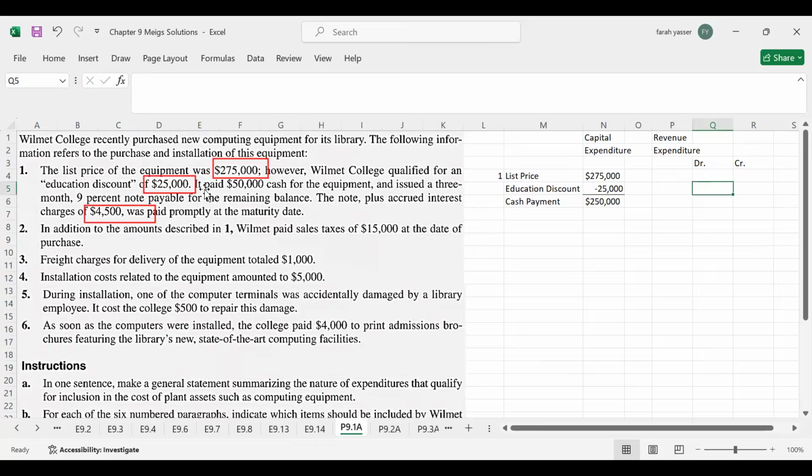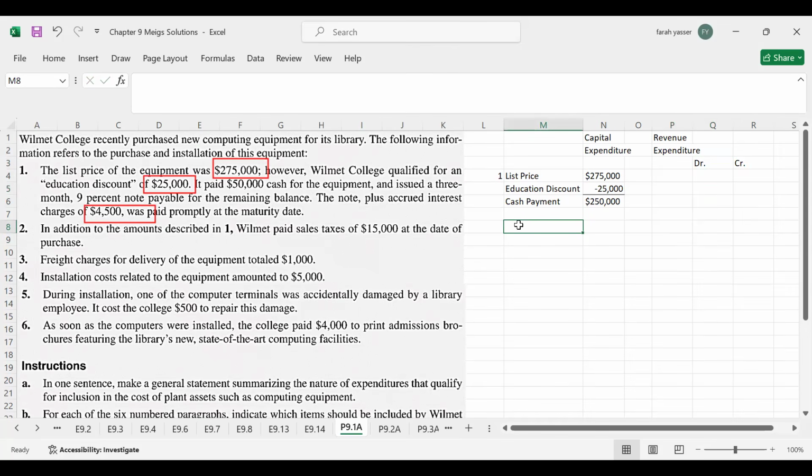So it paid 50,000 cash, means this is the payment of the purchase of equipment. Equipment will be debited by 2,50,000. The cash will be credited by 50,000, and the notes payable will be credited by remaining amount, that is 2 lakh. So this is the accounting treatment of that capital expenditure.